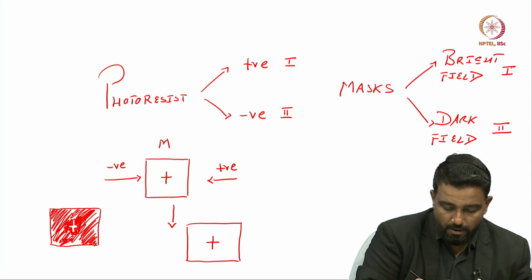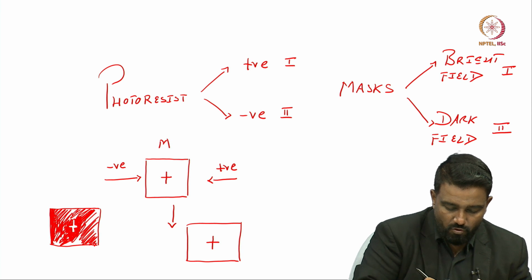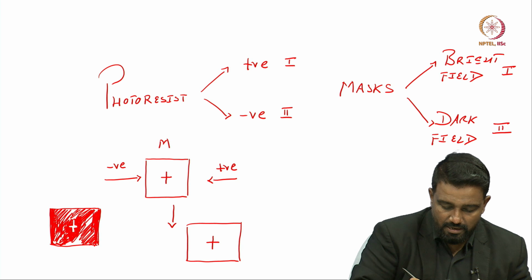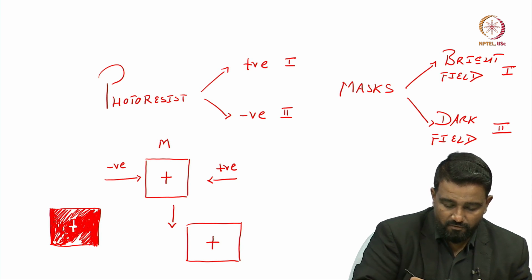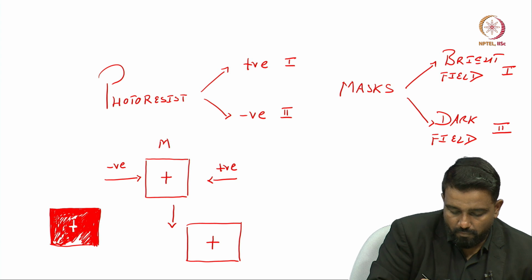In a way, whatever pattern was there on the mask, the same pattern comes on the wafer if I use positive photoresist, and the opposite of that pattern will come on the wafer if I use negative photoresist. Easy. Same pattern for positive photoresist, opposite pattern for negative photoresist.